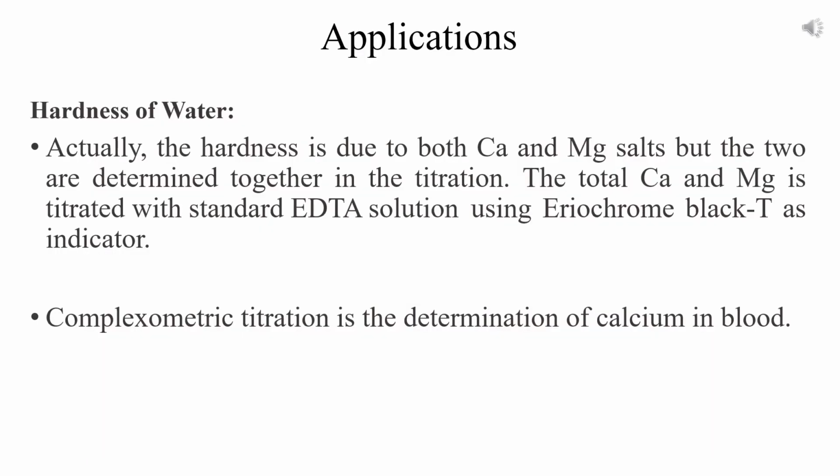Complexometric titrations in the clinical laboratory are limited to those substances that occur in fairly high concentrations, since volumetric methods are generally not too sensitive. We can use these complexometric titrations in a clinical laboratory, for example, the most important complexometric titration is the determination of calcium in blood.